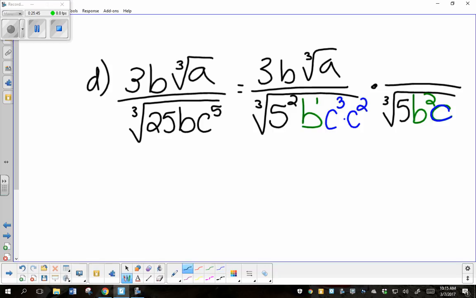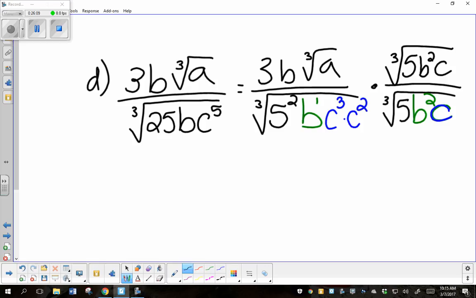We're going to put the cube root of 5b squared c on the bottom. We need one more 5, that's where that 5 came from. We need 2 more b's, that's where that came from. And we need one more c, that's where that came from, because we're trying to get groups of 3.